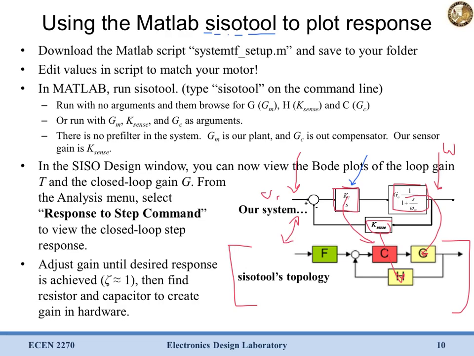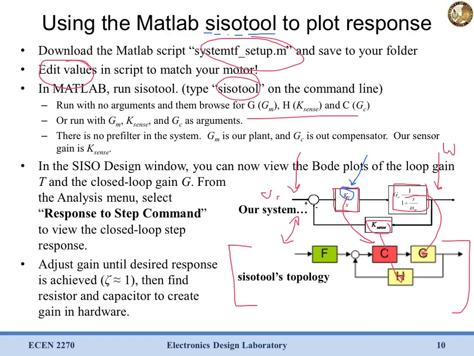We've provided a script online. It's called systemtfsetup.m. So just save that into some folder, edit the values to make sure they're the same ones that you used with your motor, and then type SISO tool and import your parameters. If you want to, you can additionally simply solve for what k sub I gives you zeta equal to 1 using the equation for zeta on previous slides.